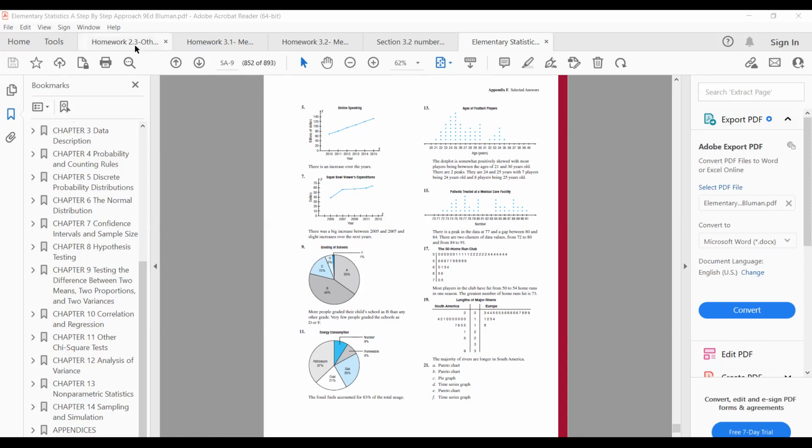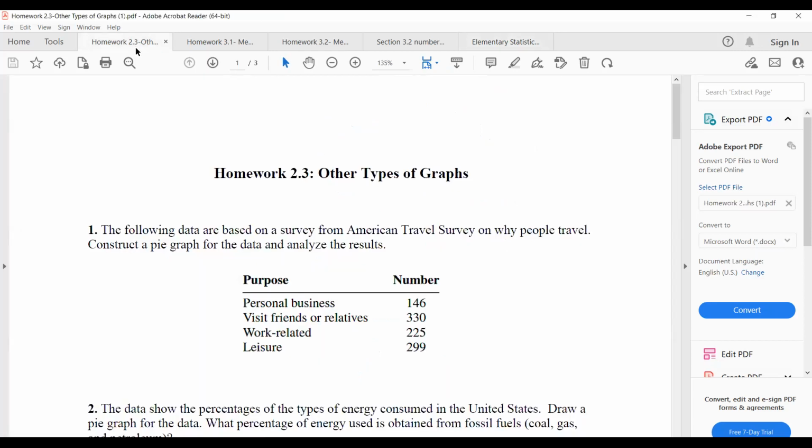Oh, maybe I was getting this mixed up with something. Let me see which one this is. Oh, okay. Personal, business, work related, leisure. Got it. All right.